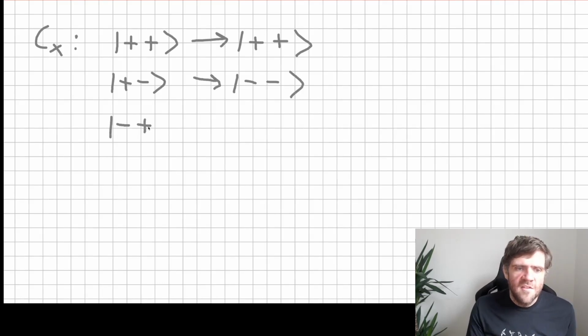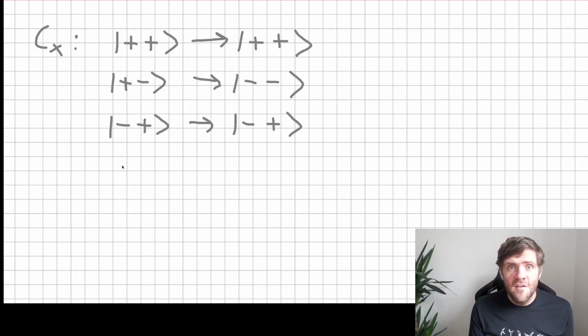The minus plus state comes out as the minus plus state. There's also no effect there because the phase on the target, which is where the phase is getting kicked back from, is just plus, so it just multiplies things by +1. And in the case of minus, we also get a phase to kick back, and it flips that initial phase, so we get plus minus.